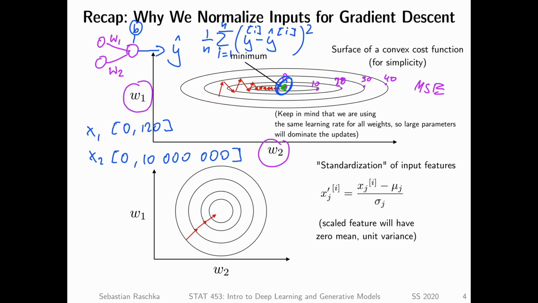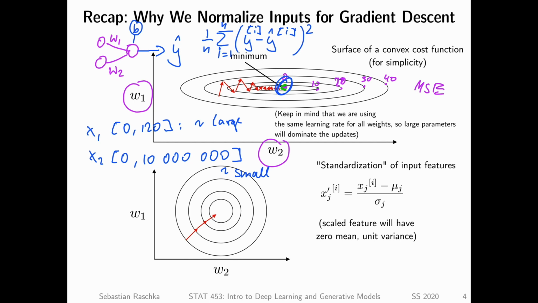So if I have inputs that are very large and some inputs that are very small, but both features have the same influence on the prediction, then the weights will also naturally be small and large. If both features are equally important, I will have a relatively large weight for one and a relatively small weight for the other.